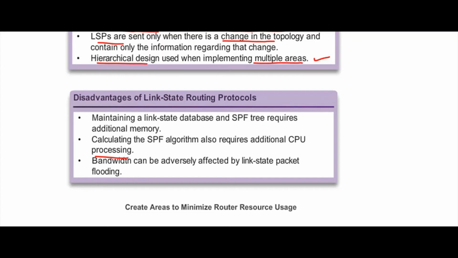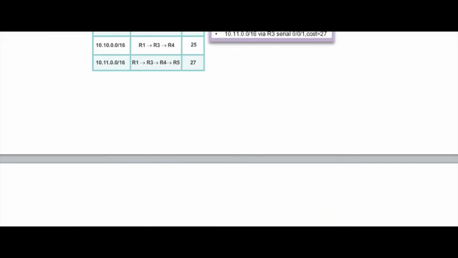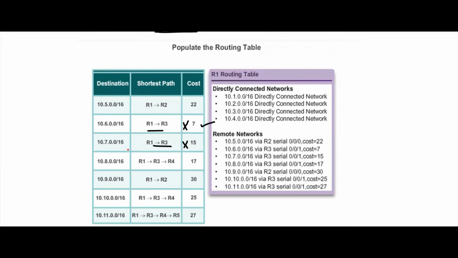It takes all the LSPs and you have to save them in the router. From the collection of LSPs, it creates a tree called the shortest path first tree, the SPF tree. From the SPF tree, it selects the best path and moves it to the routing table.